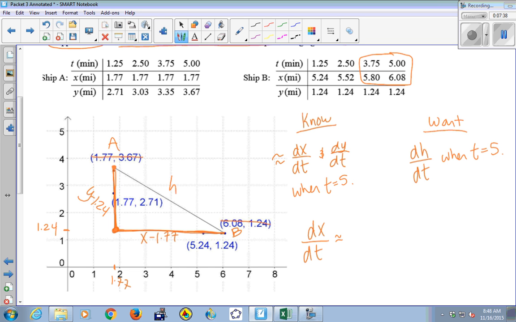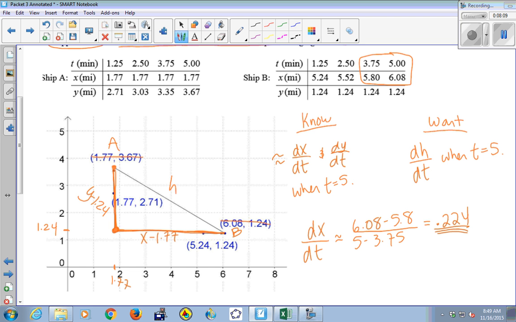I'm going to use a relatively big change because that's all I've got. So my change in x would be 6.08 minus 5.8. Change in t is 5 minus 3.75. And you get 0.224. Okay, so that's an important value.